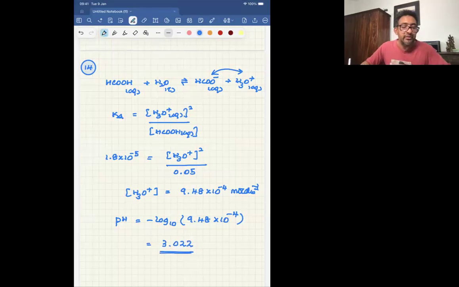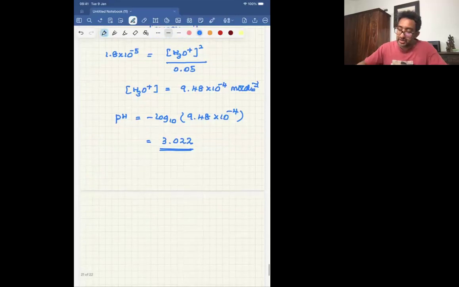What is the value given? 3.0198. 1.8 × 10^-5 times 0.05 and the square root of this, log of that, 3.022, right? Okay.